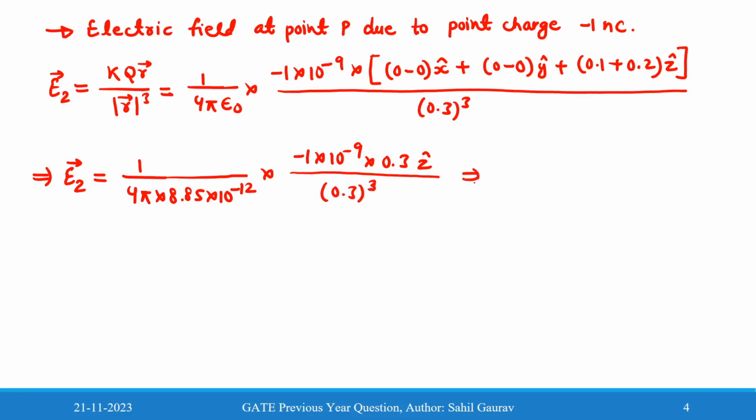So if you do simplification, then E2 will come as minus 99.90 z cap volt per meter.